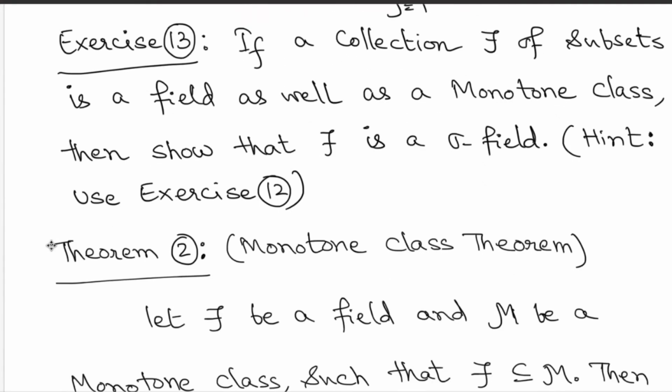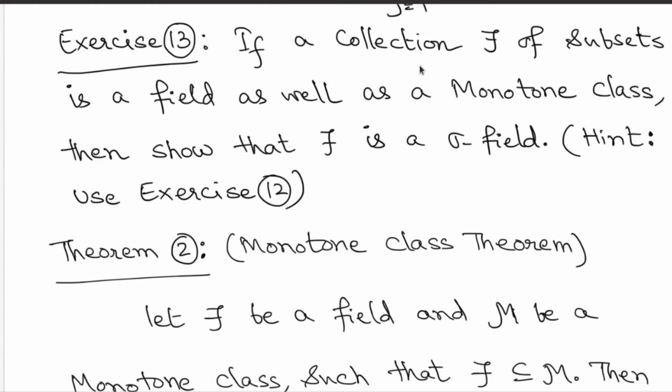And then here is the interesting connection. Suppose you have a collection of subsets which is a field as well as a monotone class. Remember, fields allow you complementation, finite unions and finite intersections. A monotone class allows you countable increasing unions and countable decreasing intersections. So suppose a collection of subsets allows all these operations, then try to show that script F must be a sigma field.